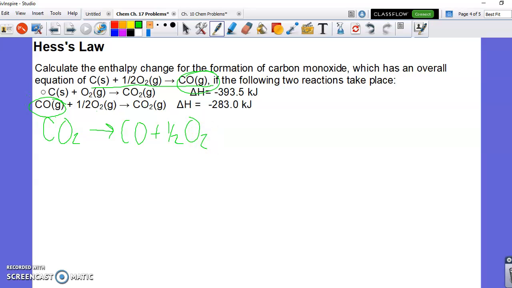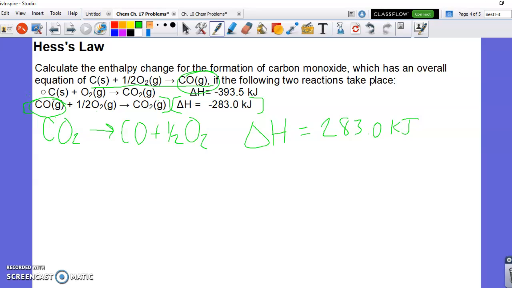Now, whatever we do to our equation, we have to do the same thing to our enthalpy change. So I did the opposite of my equation, which means I need to do the opposite of my enthalpy change. So the opposite of negative 283.0 kilojoules is going to be positive 283.0 kilojoules.